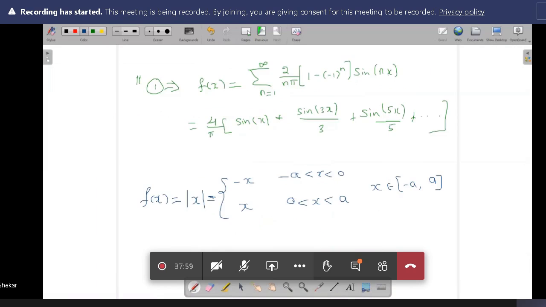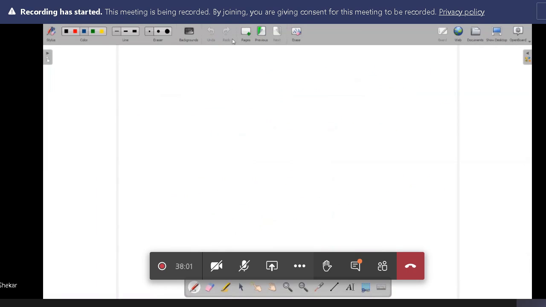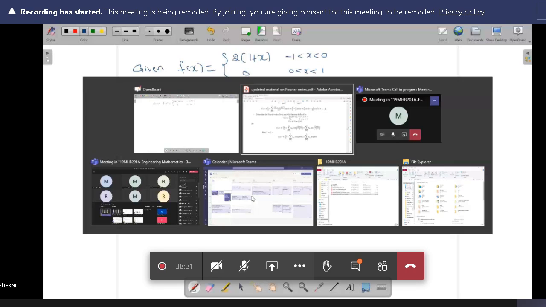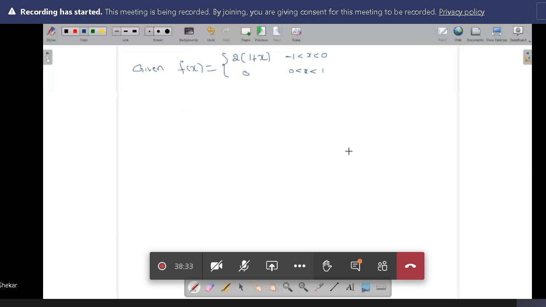So f of x, next example, is given as 2 times 1 plus x in the interval minus 1 less than x less than 0, and 0 in the interval 0 less than x less than 1. Is that correct? Yeah. So f of x plus 2 is equal to f of x.